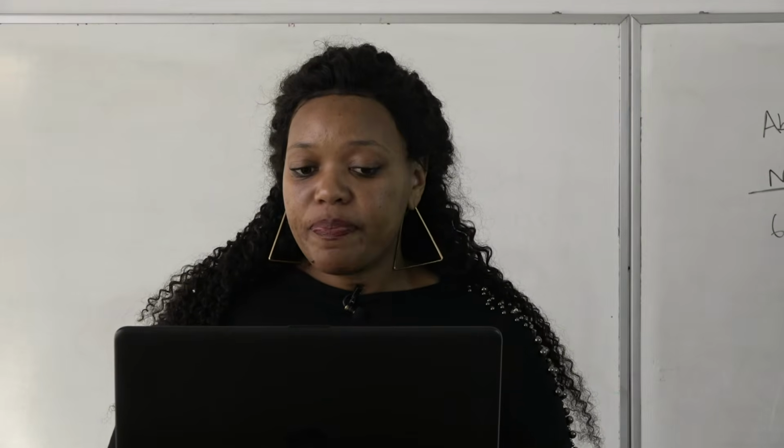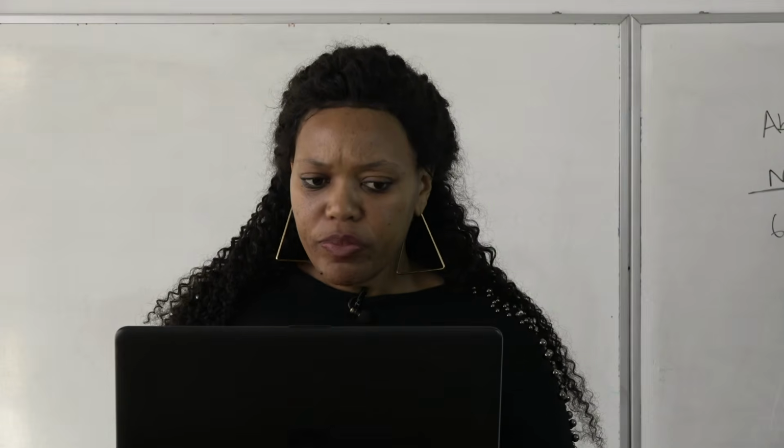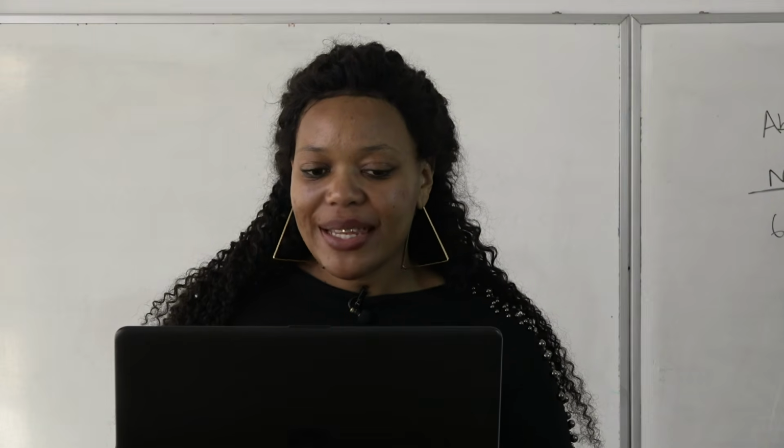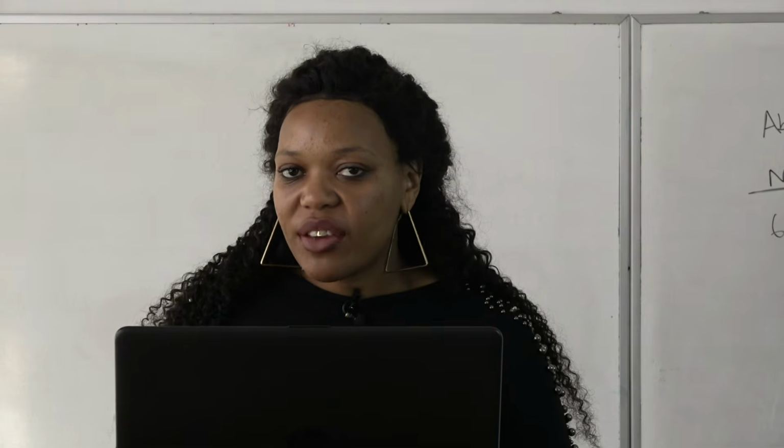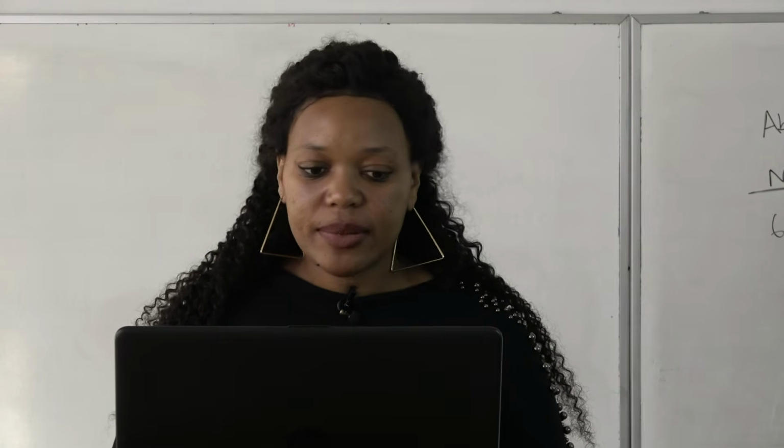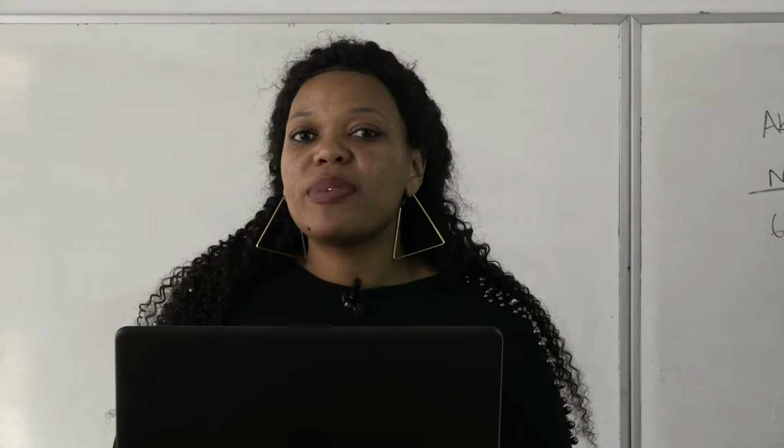Looking at the question, you were told that a baseline of 800 meters has to be accurately established, okay? Which means this is the correct distance. We are now given what? The correct distance. What distance must be measured?